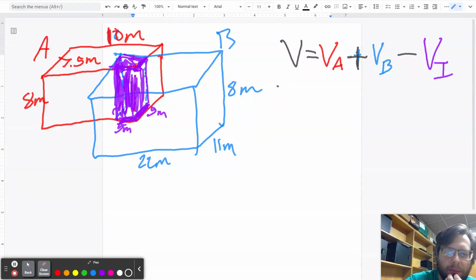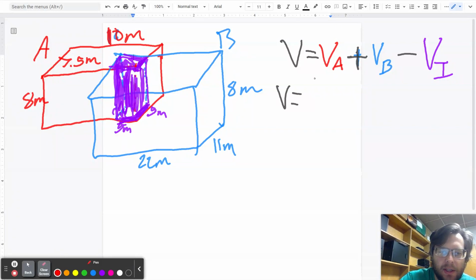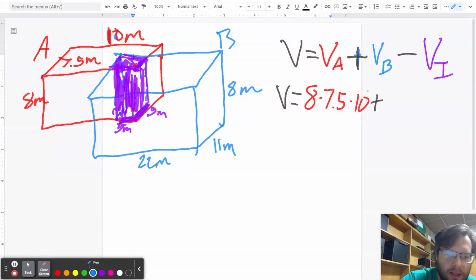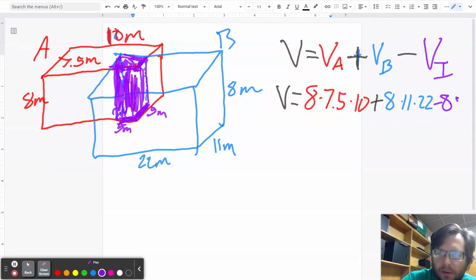So our volume is going to be, A is just 8 times 7.5 times 10. B is 8 times 11 times 22. And the intersection is 8 times 5 times 5. There we go.